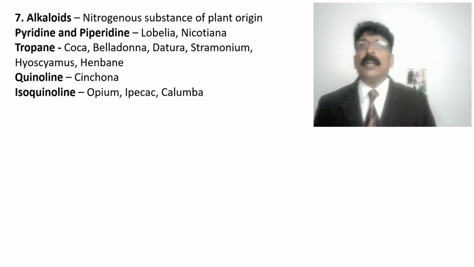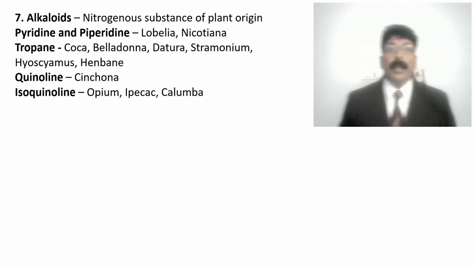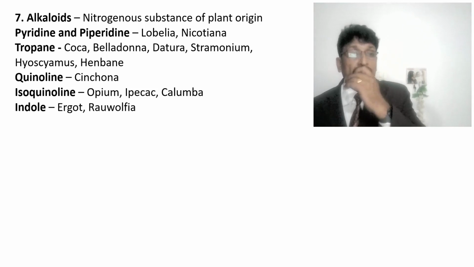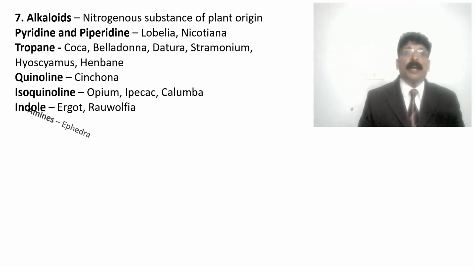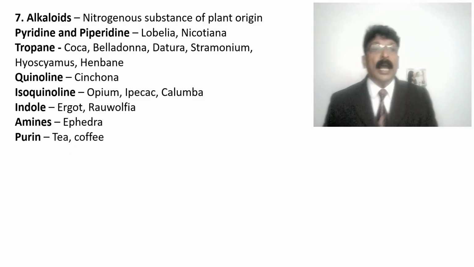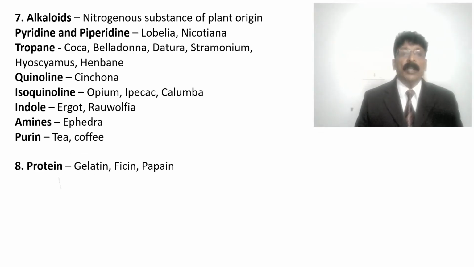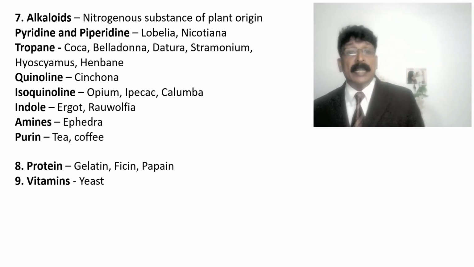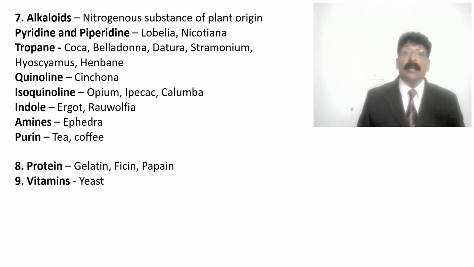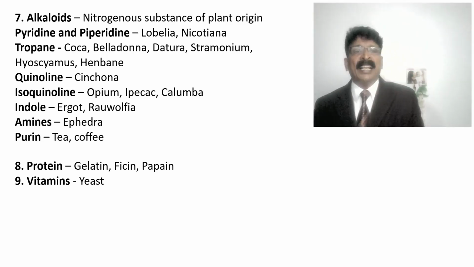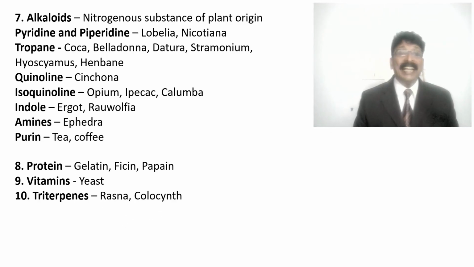Isoquinoline alkaloids: opium, ipecac, and calumba. And indole alkaloids: ergot, rauwolfia. And amine alkaloids, that is ephedra. And purine alkaloids: tea, coffee. Next division is proteins, like gelatin, ficin, and papain. Vitamins, yeast, and triterpenes, example rasna, colocynth.